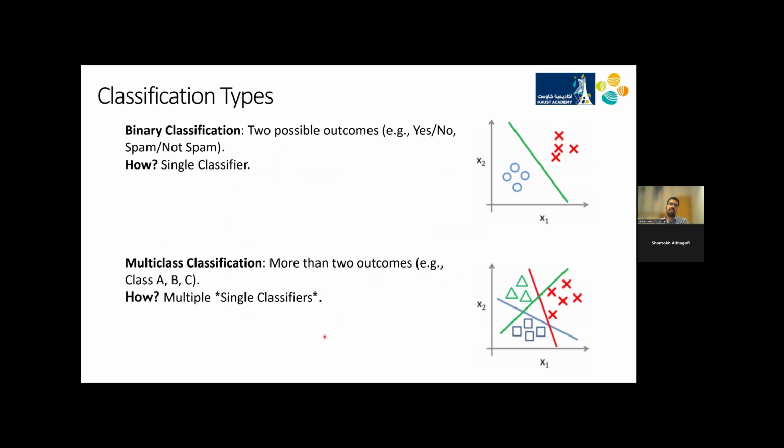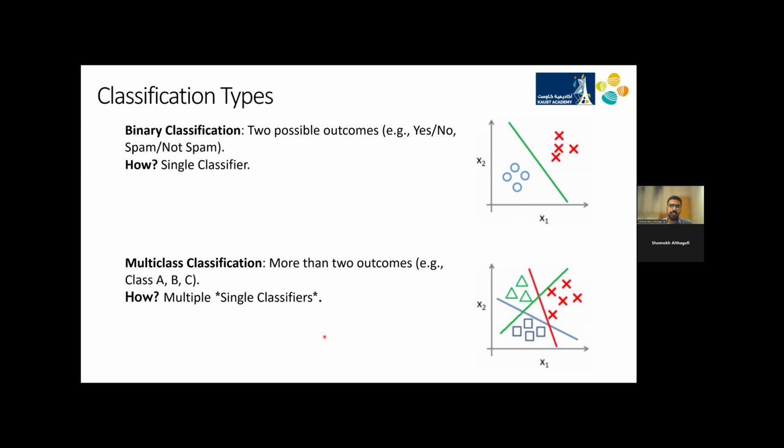As an example, in binary classification, as I said, you just have two outputs. So it can be something like a spam filter, where you have an email and you want to classify whether it is a spam email or not a spam email. Or it can be something like fraud detection, where given some transaction or given some data point, you want to see whether this is a fraud or not.